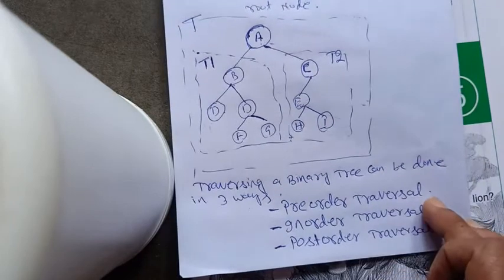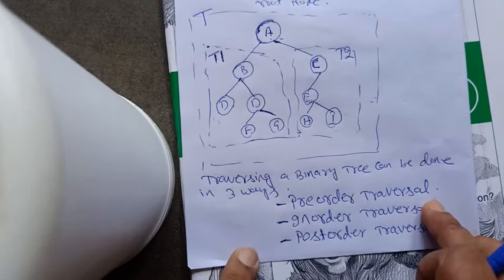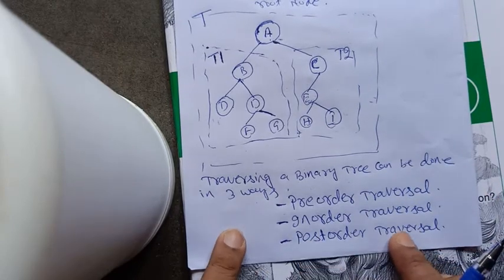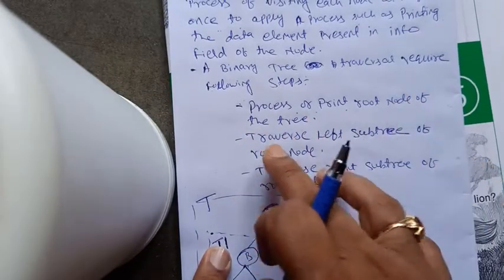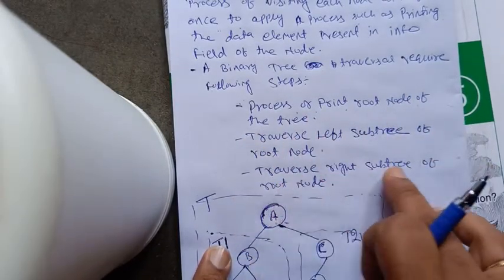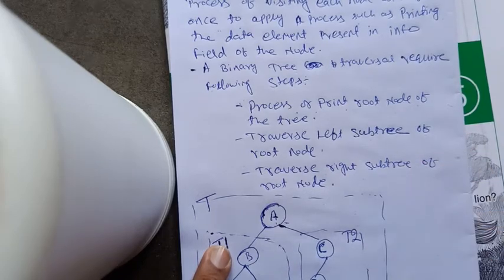The operations are processing the root node, traversing the left subtree and traversing the right subtree. Now, what is pre-order, that we will discuss right now.